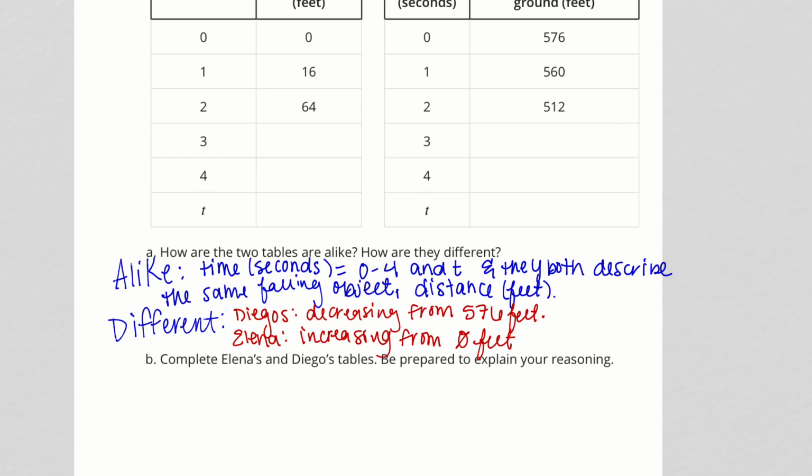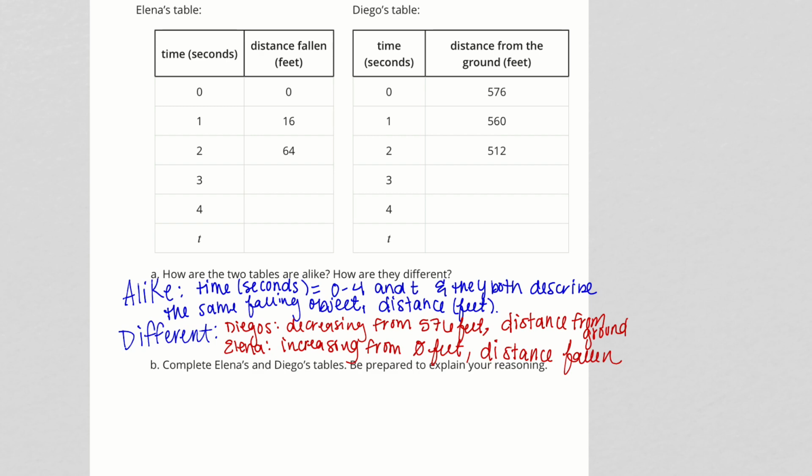So for Diego's, we're going to say it's distance from the ground. Oh, and the distance fallen. Okay, so Alina's is distance fallen. So they're recording the measurements from opposite ends. Now we're going to complete Alina's and Diego's tables and be prepared to explain your reasoning.